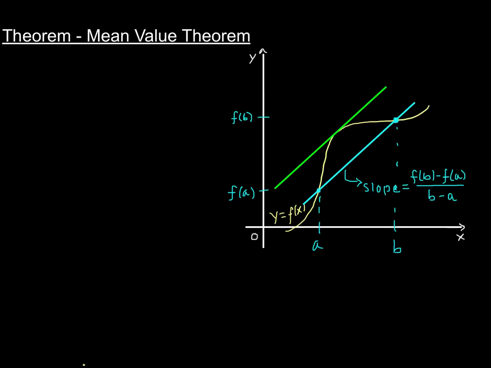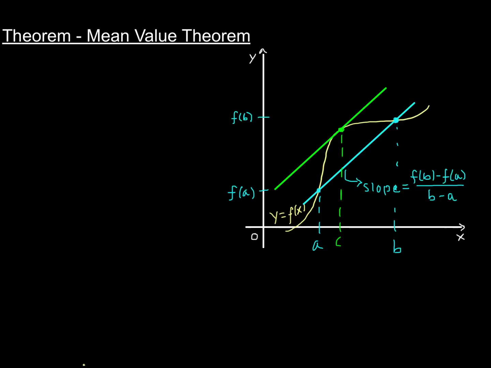Well, remember, the tangent to the curve also has the same slope as the actual function at that exact point where it intersects. And so what we've just shown is that this average rate of change between A and B is going to be the same as the slope of the function at some instant, at least at one point in between a and b. So we can call this point where the function is tangent and has that same slope as the average between a and b, we'll call this point C.